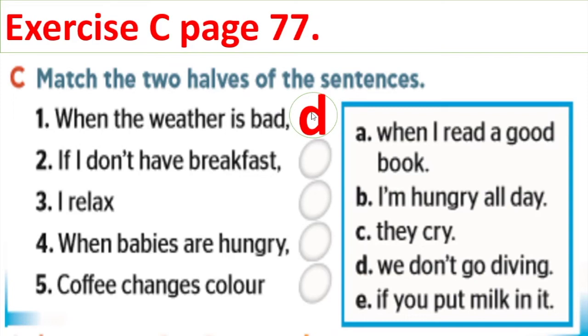If I don't have breakfast, what happens to you if you don't have breakfast? Correct. I'm hungry all day, so you don't have to skip breakfast at all. Number three, I relax. When do you normally relax? Right. When I read a good book. Fantastic.